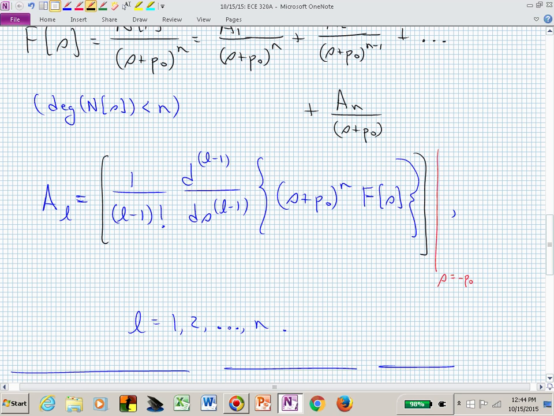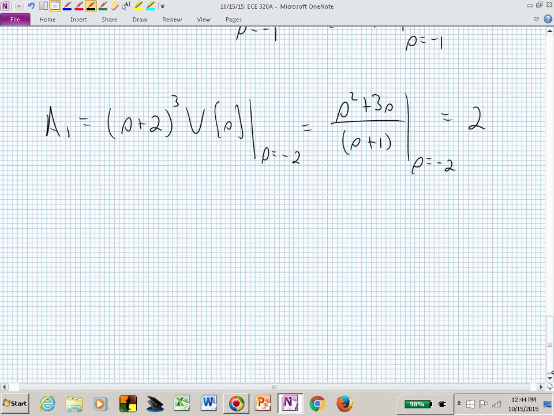Now we can do some hand signals, right? 3. So a sub 3. A sub 2 is now going to be 1 over, and I'm going to go ahead and write all of this out so that you see how that works in the expression.